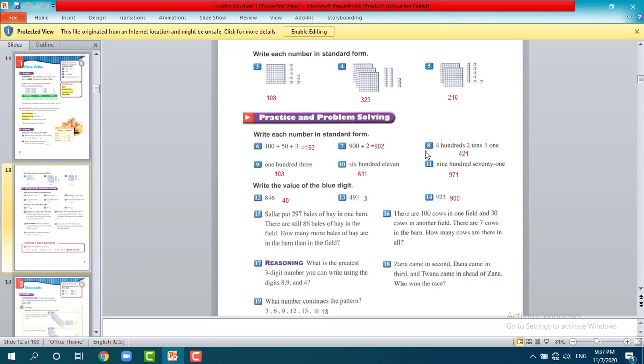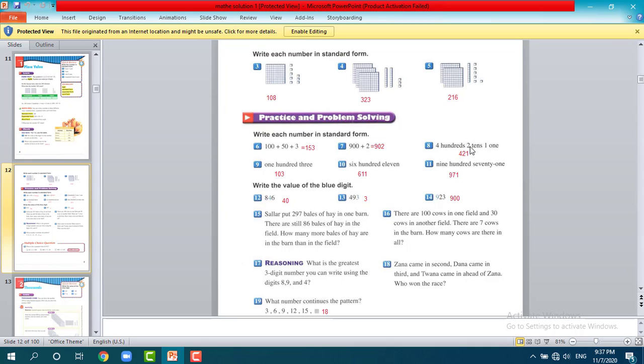Now in equation 8, it says 4 hundreds, 2 tens, 1 one. It's written in place value, and we are changing this form to standard. For 4 hundreds, we write 4 in the hundreds.